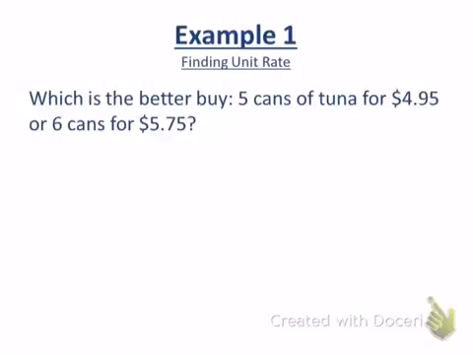We want to know the price per can, right? So we want to know what $4.95 per 5 cans comes out to be per 1 can. We need to just divide $4.95 by 5.